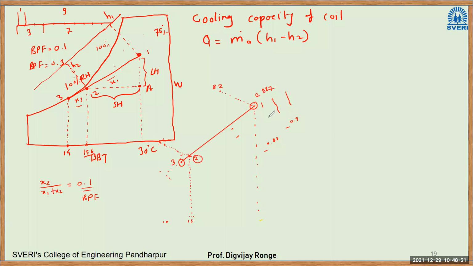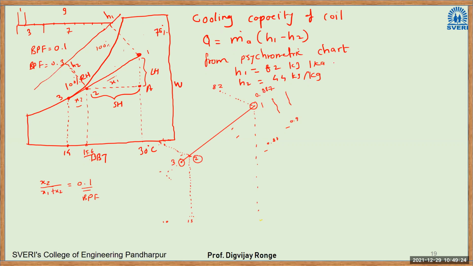Now with this, I will go back to my presentation. So here, from the psychrometric chart, I have calculated H1 as 82 kilojoule per kg, and H2 as 44 kilojoule per kg, right?